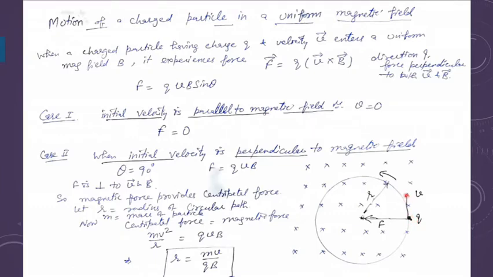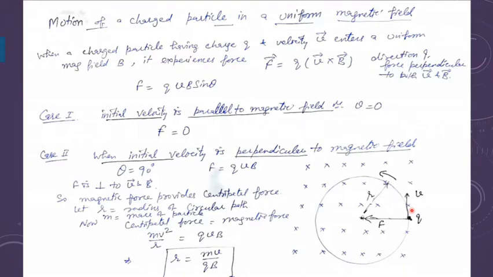If the velocity vector is shown like this and the field is into the paper, then you curl the fingers of the right hand by the right hand screw rule, and the thumb points this way, as shown in the diagram.